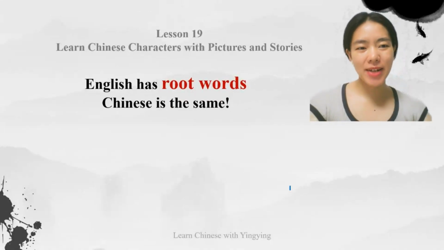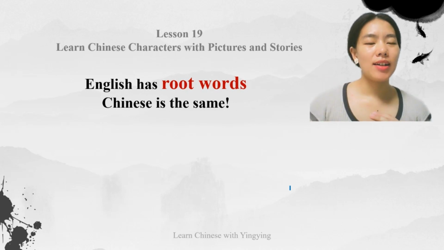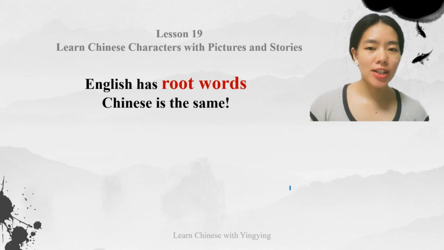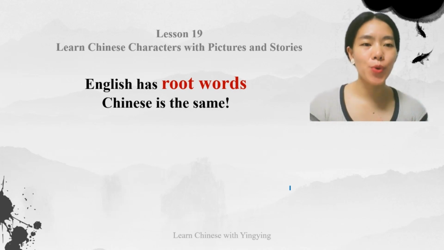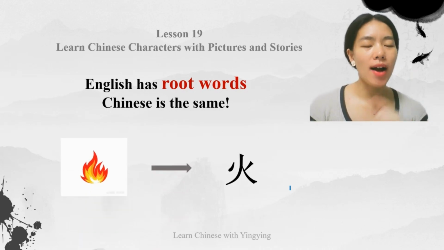So let's have a quick recap of this lesson. I hope you feel learning Chinese characters is a little bit easier and you can apply this method of root words in your learning journey. In this lesson, we only learned one common root word, that is 火.